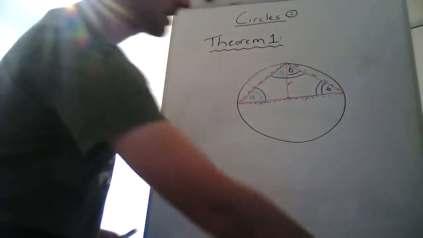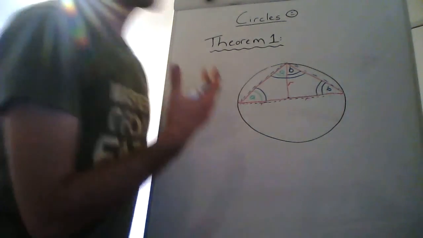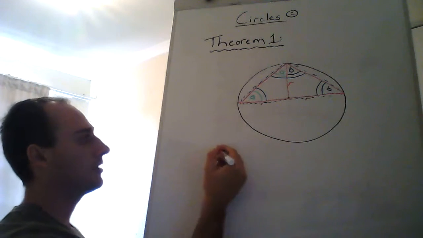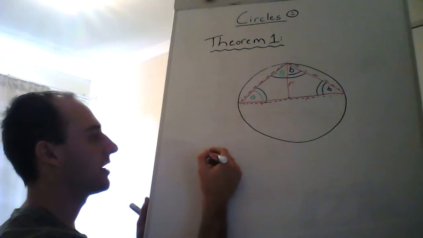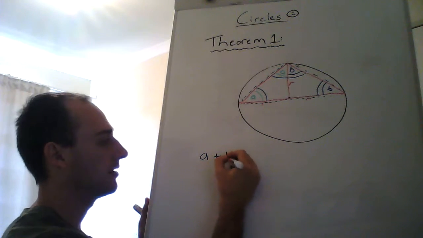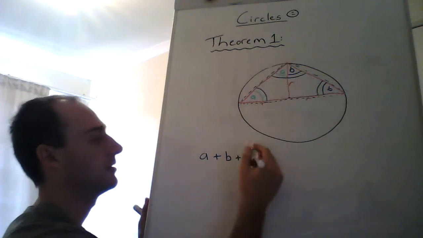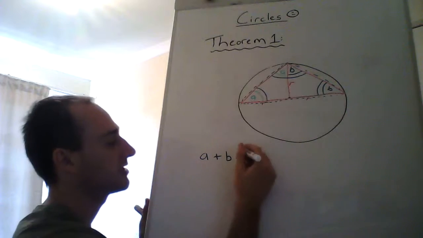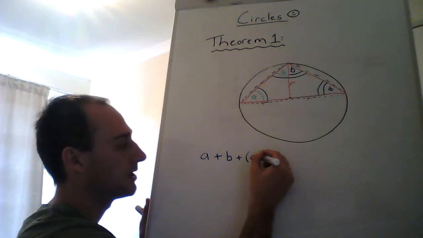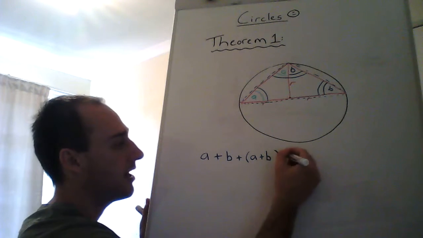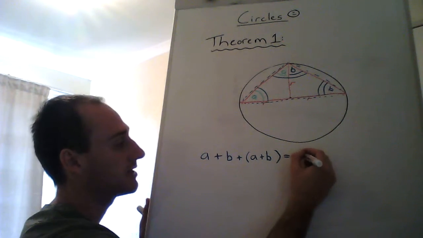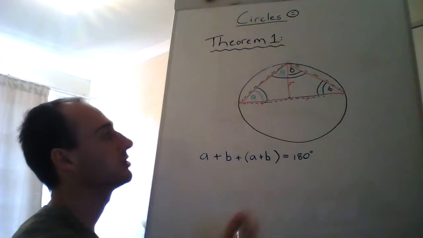I'm going to come down a little bit. So from this point over here, let's get the maths going. So I know now that A plus B plus, and if we look at this as one big angle, this is A plus B, and these all equal 180 degrees, and that's because this is one large triangle.